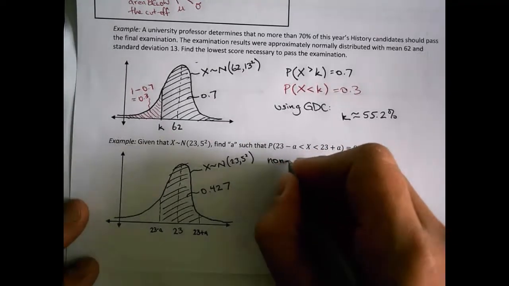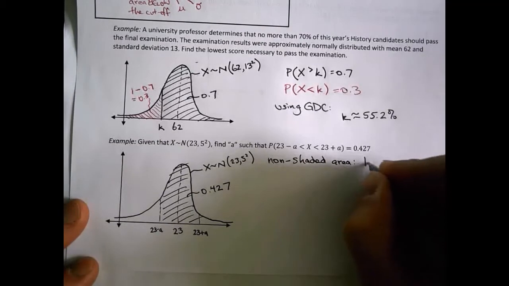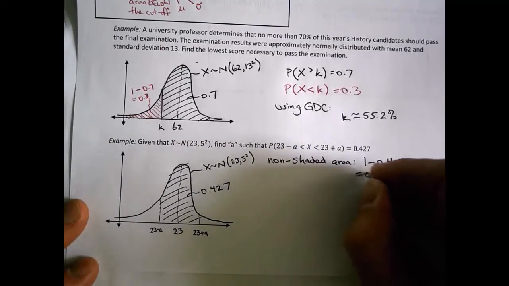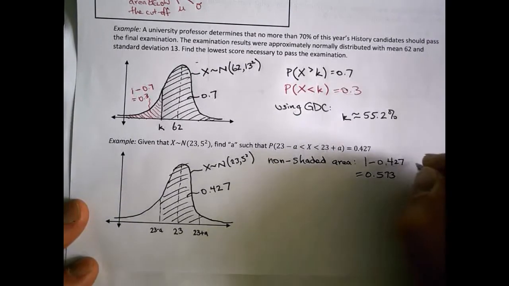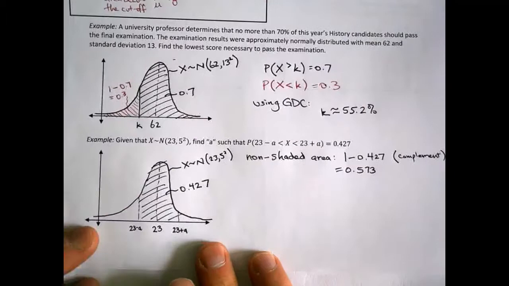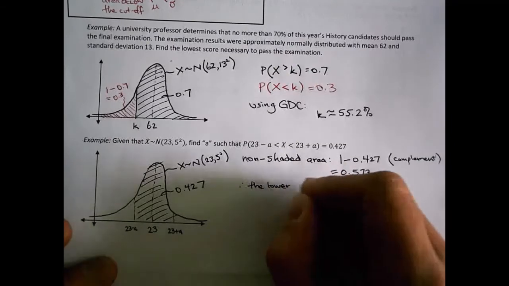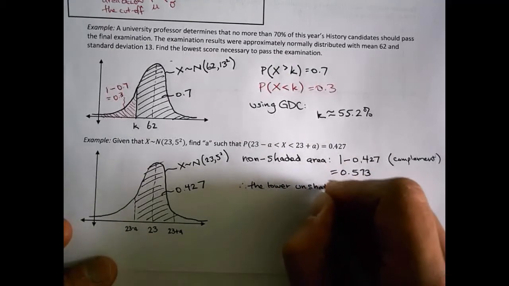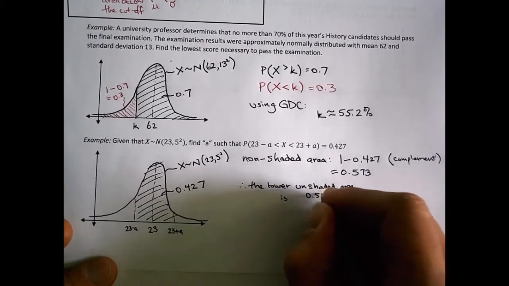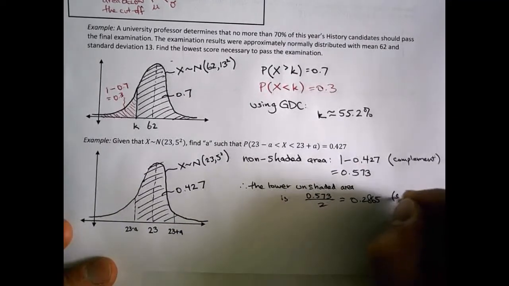Let's write that over here. The non-shaded area is 1 minus 0.427. That's the complement. That gives me 0.573, right? Now the lower unshaded area is that number 0.573 divided by 2, which gives me 0.2865, and that's due to symmetry.